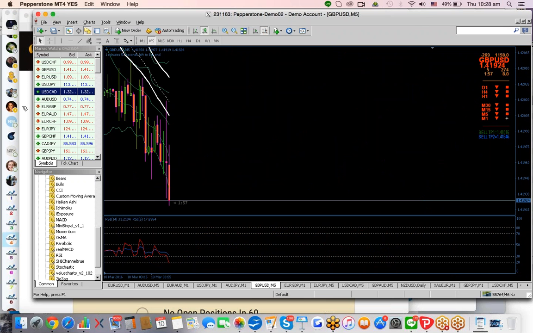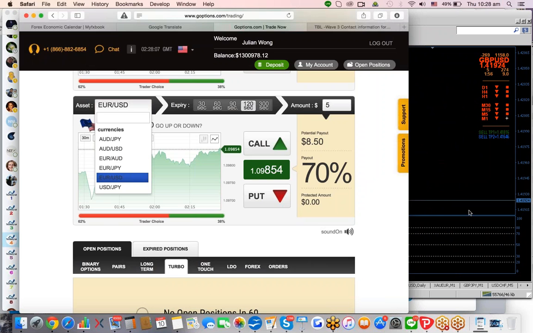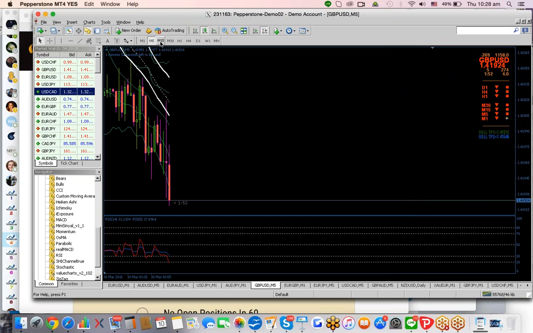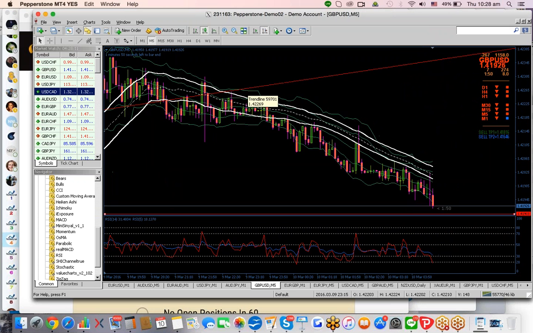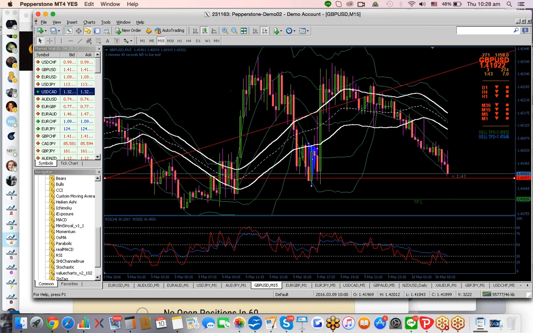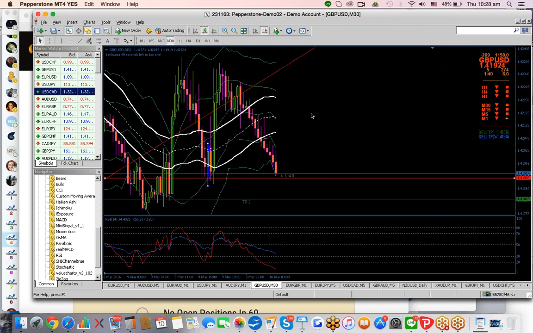Oh, do we have that? I don't think we have this one either. Pound USD. This one. This is a much bigger setup.